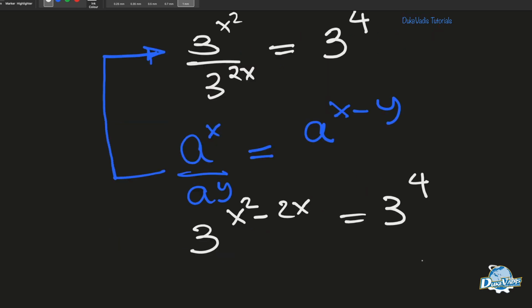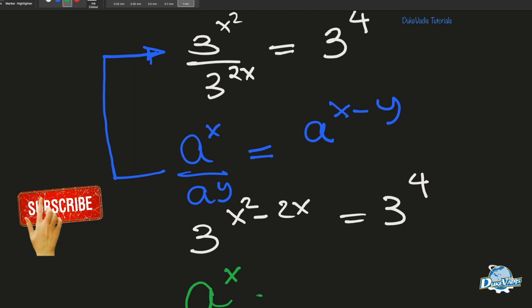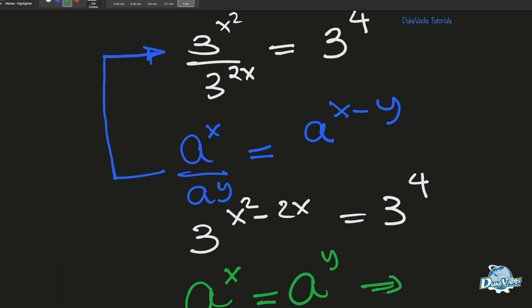Easy. So now let's invoke one more property that we can apply to this. That property says that if we have a raised to the power x and we equate it to a raised to the power y, this implies that x is equal to y.